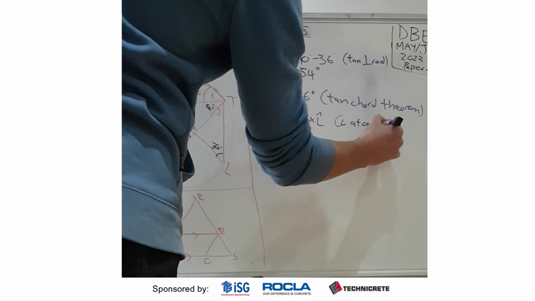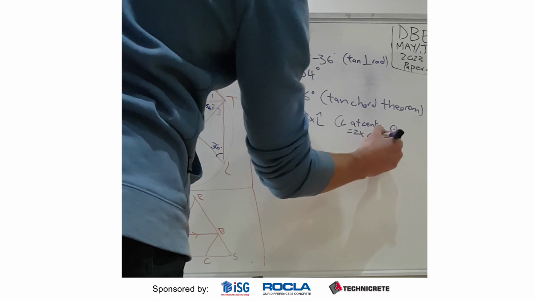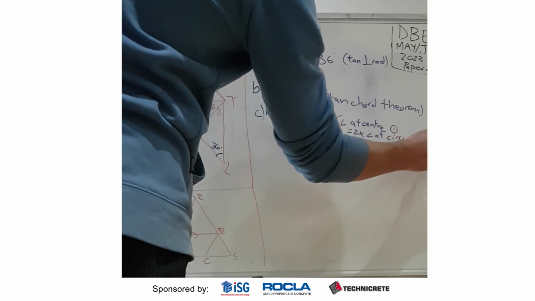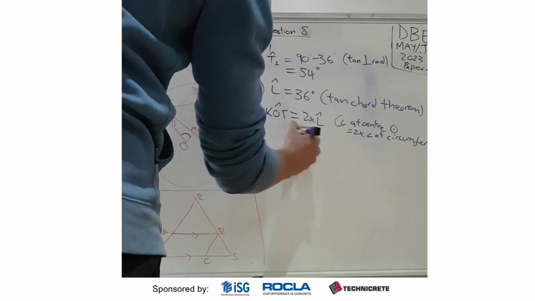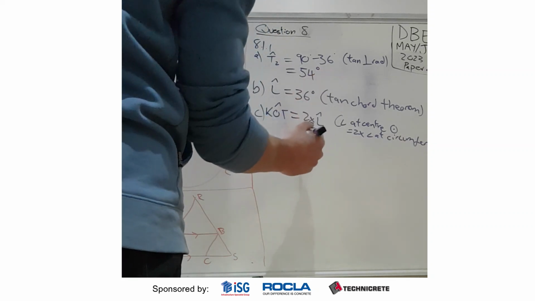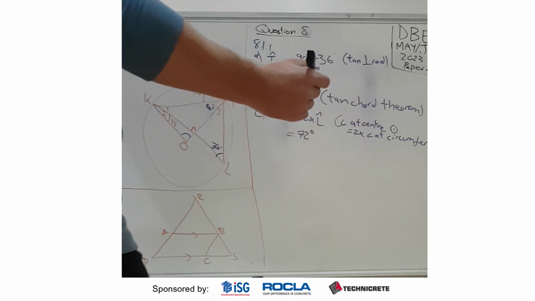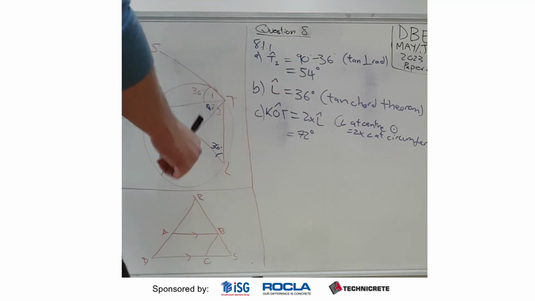So angle at centre circle is 2 times angle at circumference. What's double of 36? It should be 72 degrees. Cool.